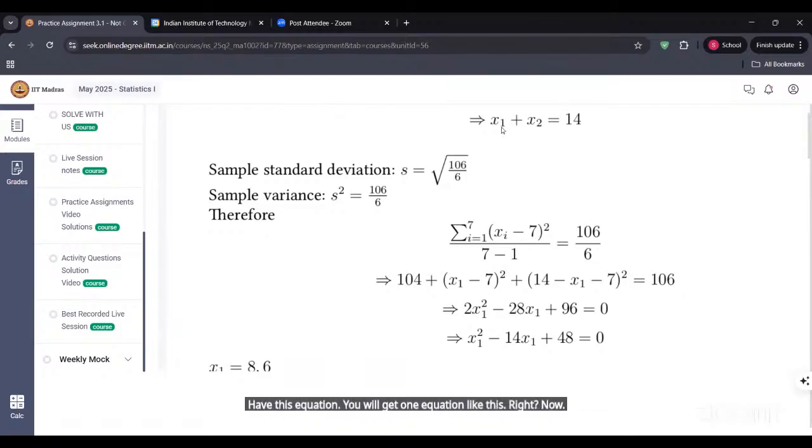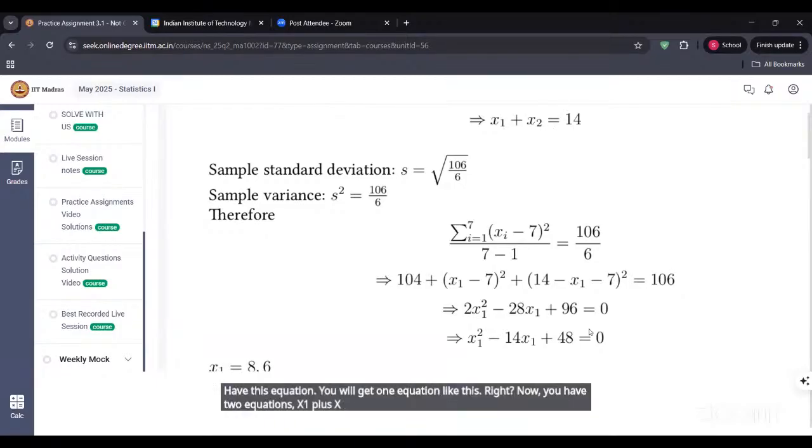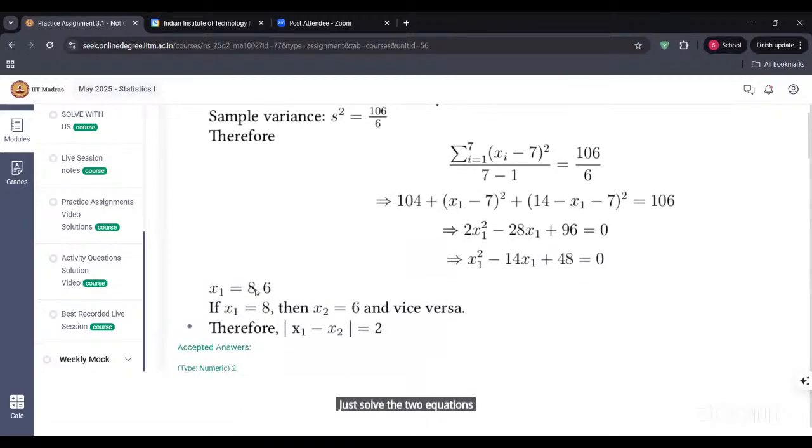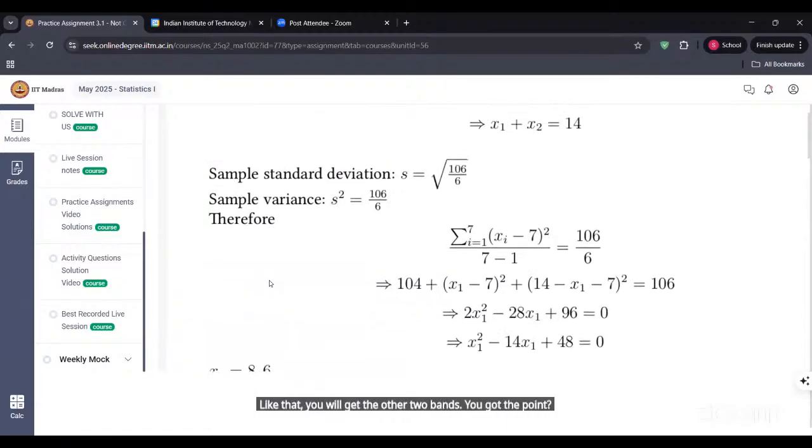Now you have 2 equations in x1 and x2. Just solve the 2 equations and you will get 2 values, one is x1 and the other is x2. You got the point? Yes, ma'am. I will try. Yeah, just try it and let me know.